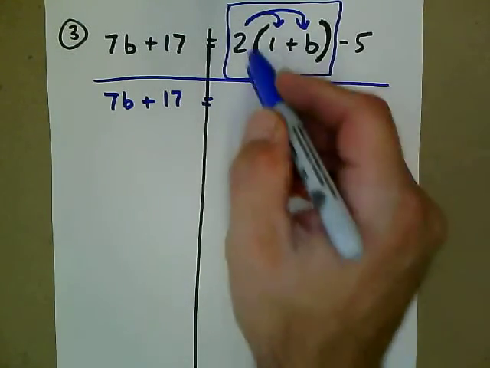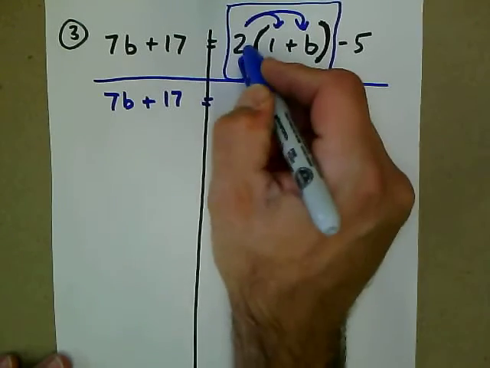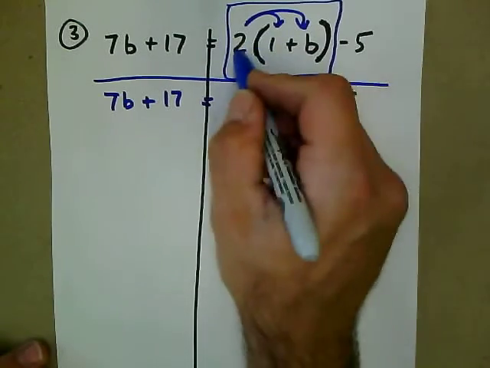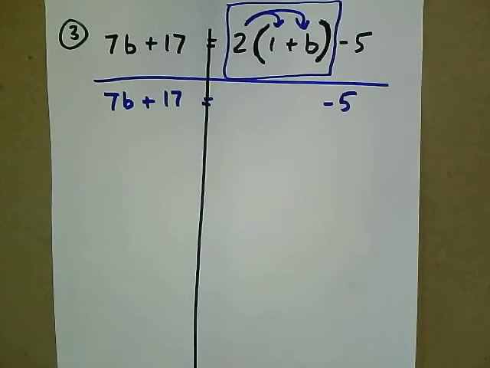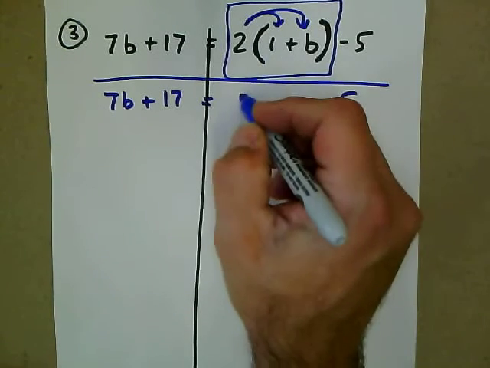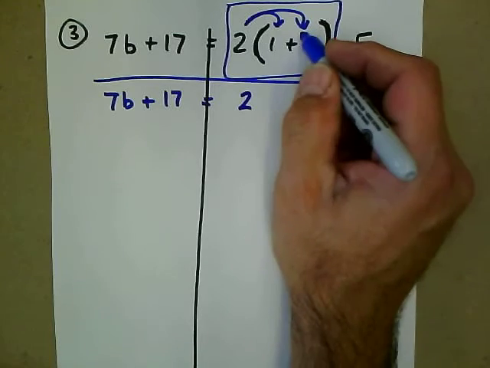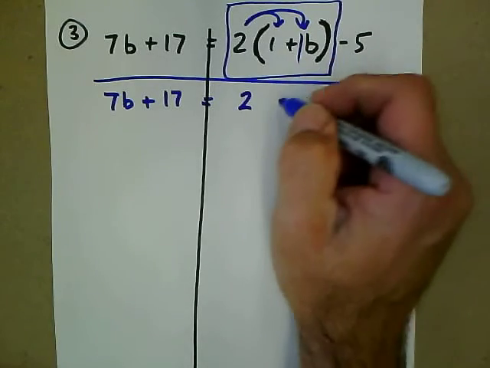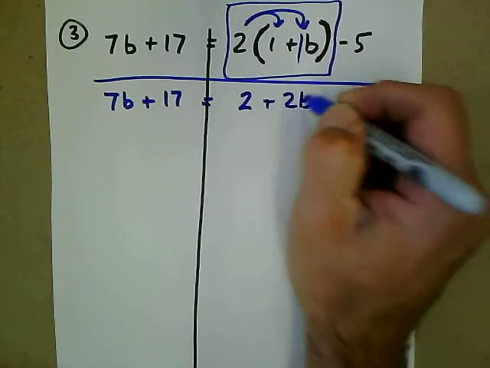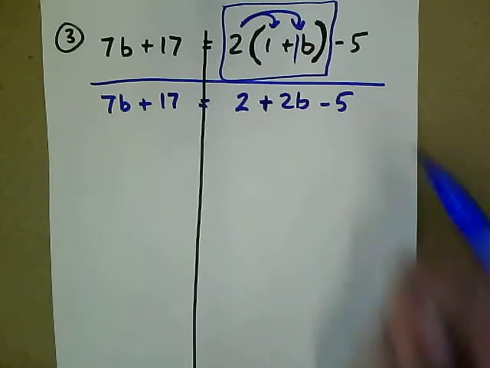Well, I found the parentheses, the number attached to the parentheses, because this is 2 times, guys, if you look, it's 2 times all of that. So 2 times 1 is 2, and there's a 1 here, and 2 times 1 is 2b. Notice I put a plus here because it's positive.